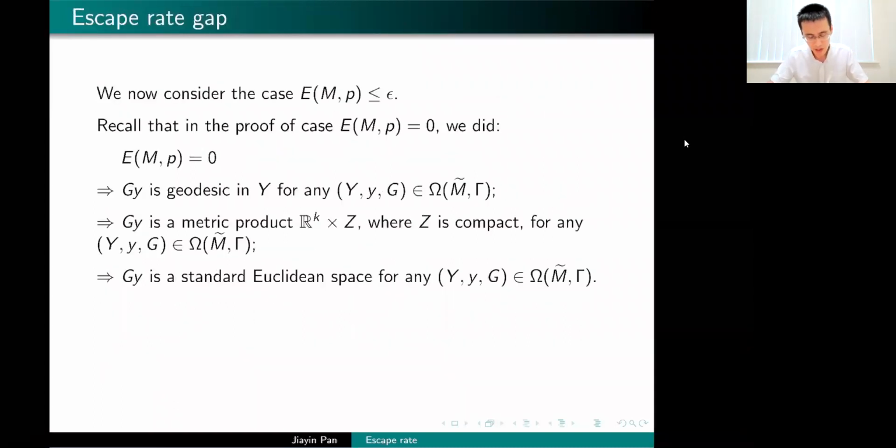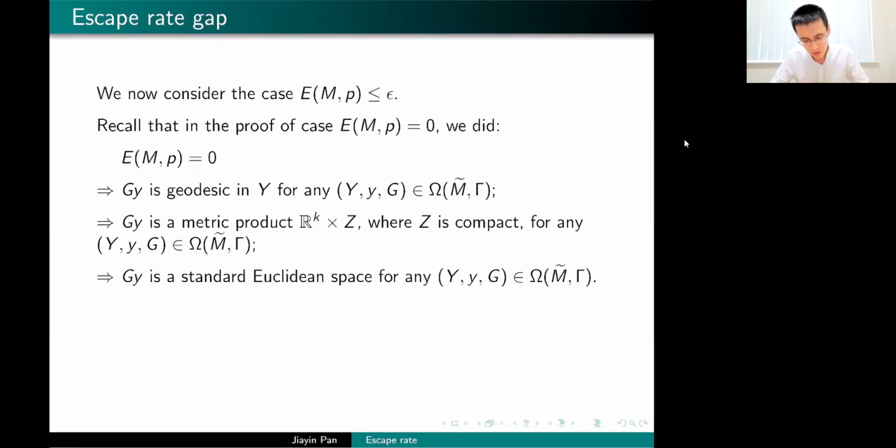Next, I'm going to talk about the escape rate gap, that is, when the escape rate is sufficiently small, smaller than some universal constant epsilon_n. Here we're going to give a sketch again. But to do so, let's first recall how we proved the zero escape rate case that we just explained.